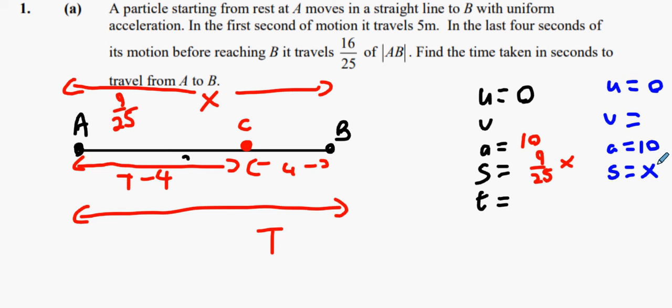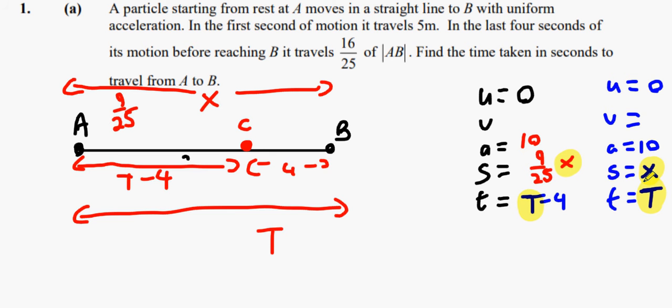And t is capital T, and t here is T minus 4. How many variables do I have in total? I only have two of them, don't I? I just have x and T. If you use another system, I think you'd end up with slightly more.